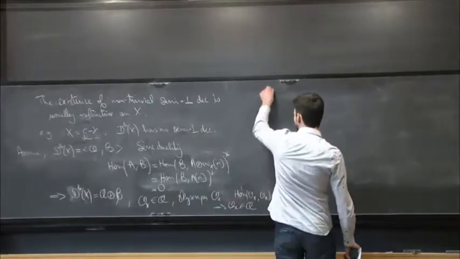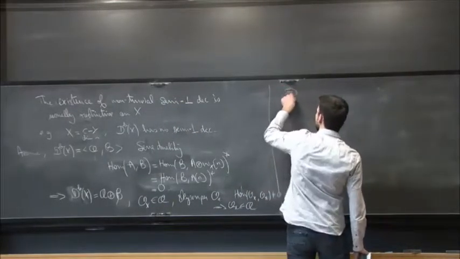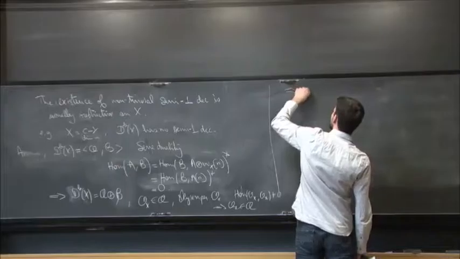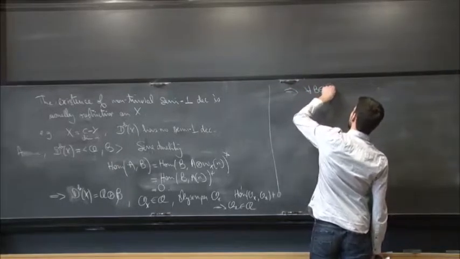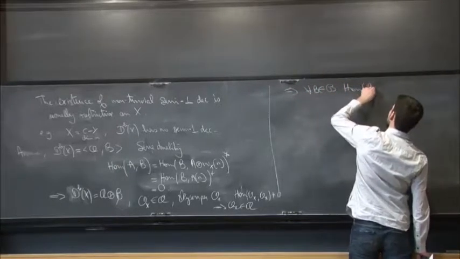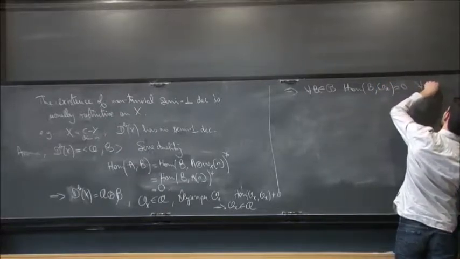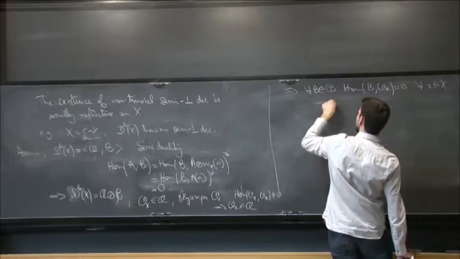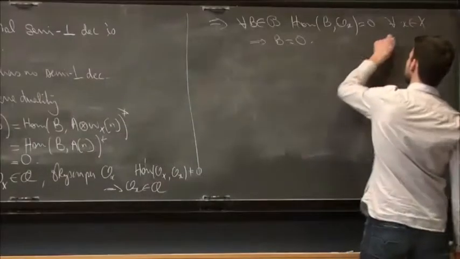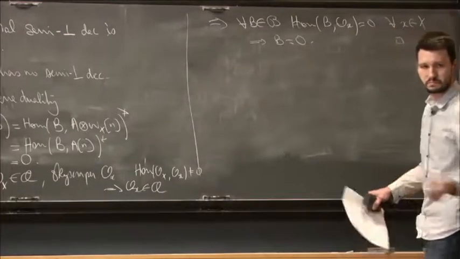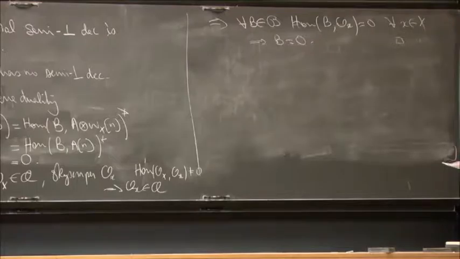I'm not writing all the details, but this implies that for all B in B, Hom(B, O_x) is 0 for all points, which implies B equals 0. Okay. So this is a geometric restriction.